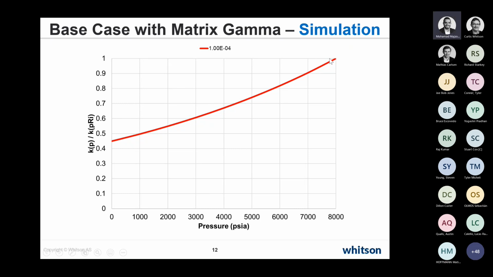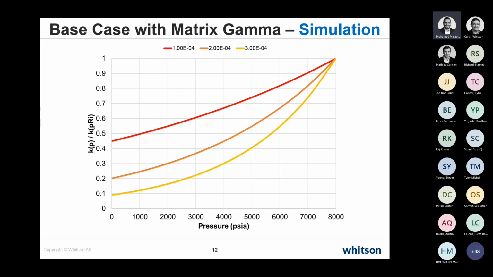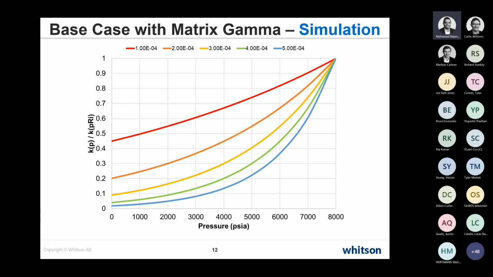The shape of this curve is controlled by the gamma. The gamma in this case is 1e minus 4. If I increase the gamma, then I get this shape, and the more I increase the gamma, the sharper the drop of permeability with pressure will be. So a larger gamma value means a larger drop in permeability with pressure.